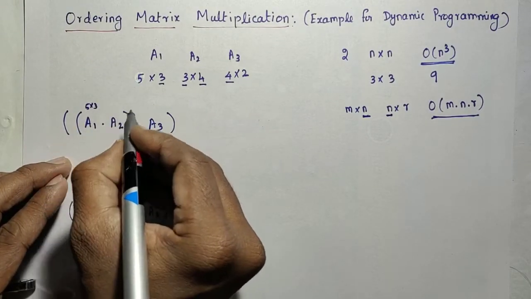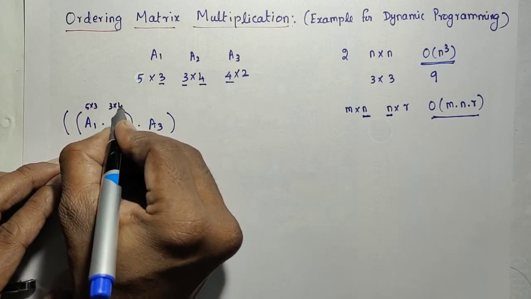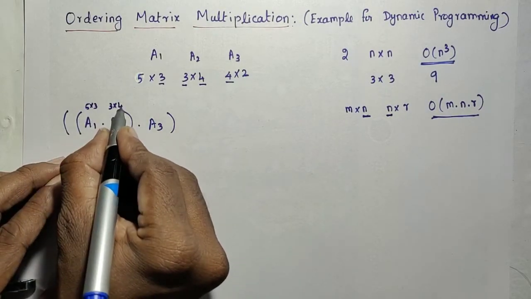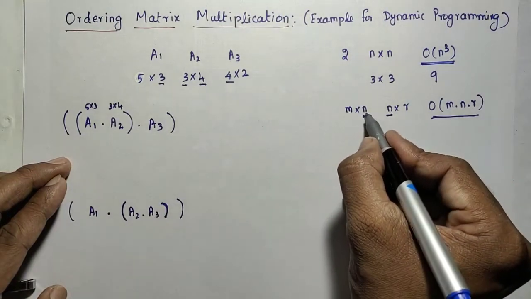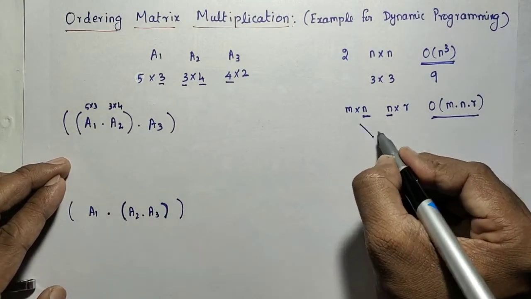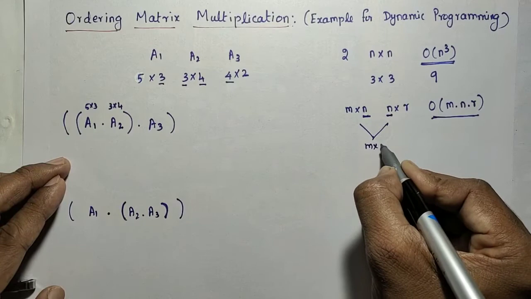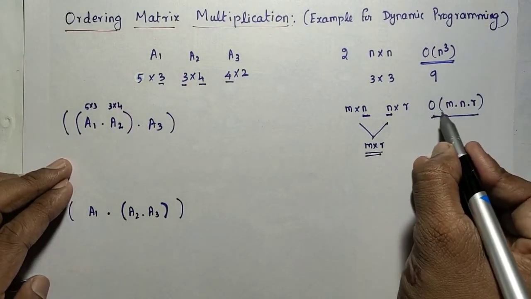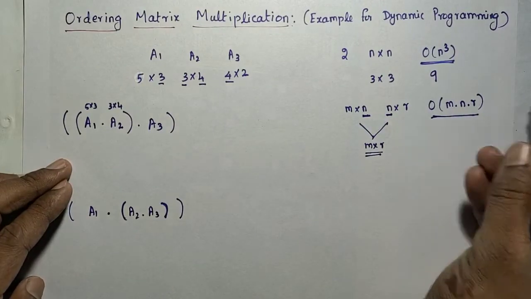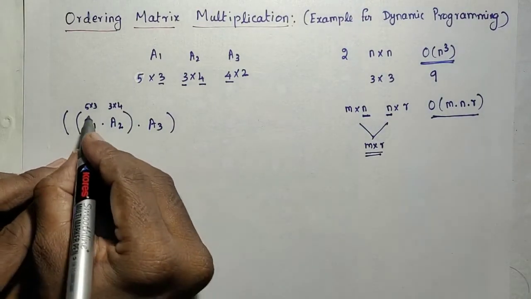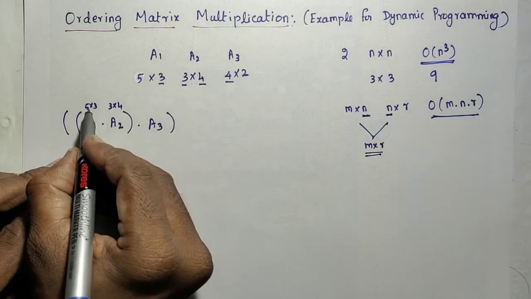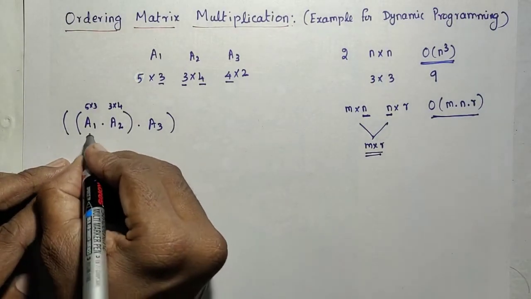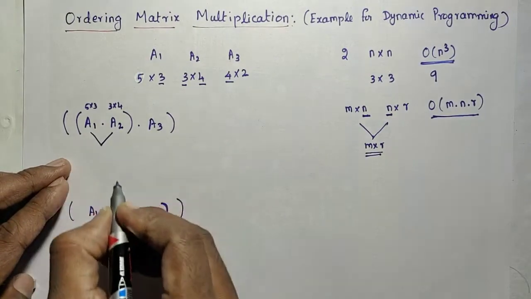And the A2 size is 3 by 4. What will be the resultant matrix dimension? 5 by 4, correct? If we multiply m by n with n by r, we obtain an m by r matrix. The complexity needed is m into n into r, correct? So if I multiply this, we will get one result, say R.